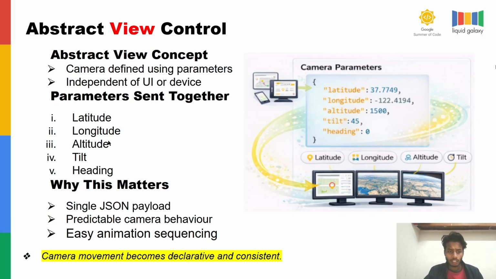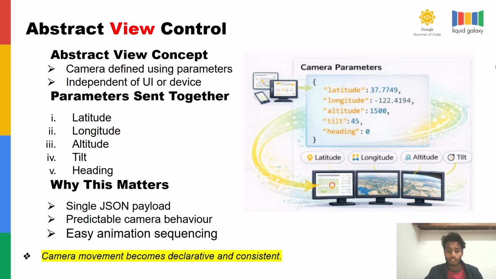Latitude, longitude, altitude, tilt and heading. All of these values are sent together in a single request. This is important because the camera movement becomes independent of the device or the UI. It doesn't matter if the command comes from the tablet or a web app or any automated script. The result is always the same.